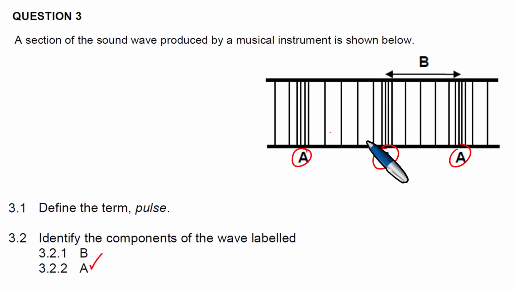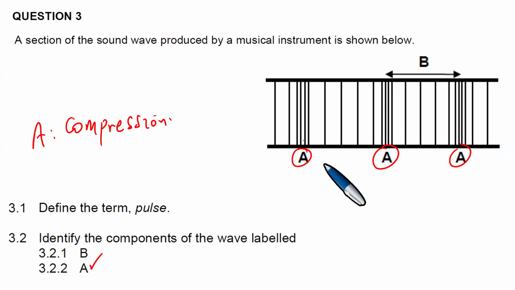Here there is wider spacing, but here they're closer to each other. A is actually called compression, because they're closer to each other.